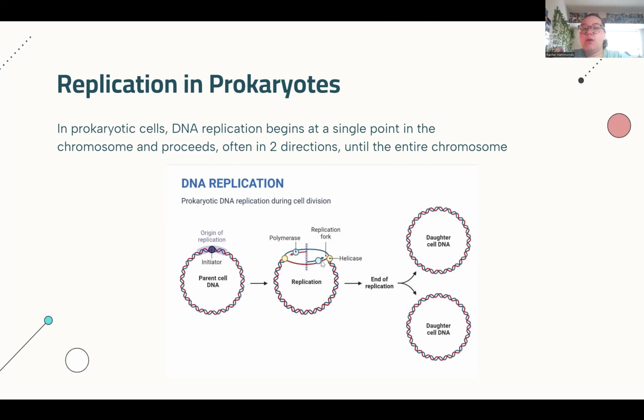Two DNA polymerases are replicating opposite fragments as it goes around. At the end of replication, you'll have two identical sets of DNA, two separate whole double helix sets.